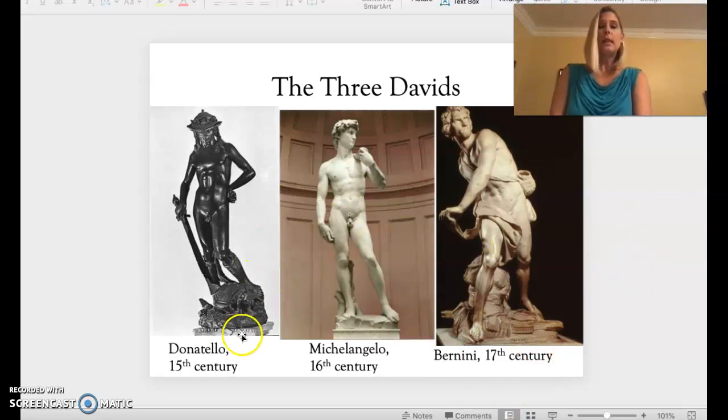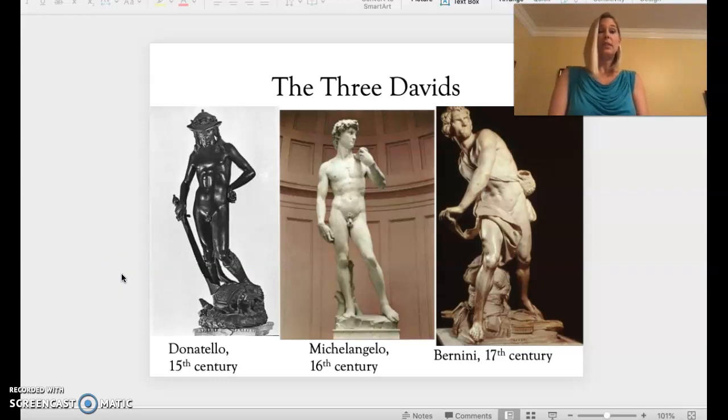So you can see here, of course, the material used between Donatello and Michelangelo's David are different. Bronze in one, marble in the other. We talked about the height being different, okay? Similarity, they're both freestanding, okay? Which again resembles those Greco-Roman characteristics.